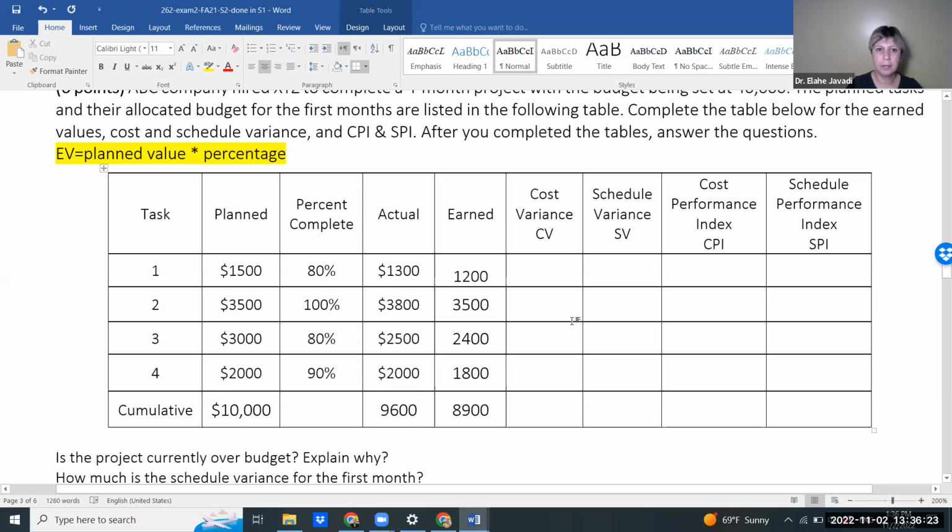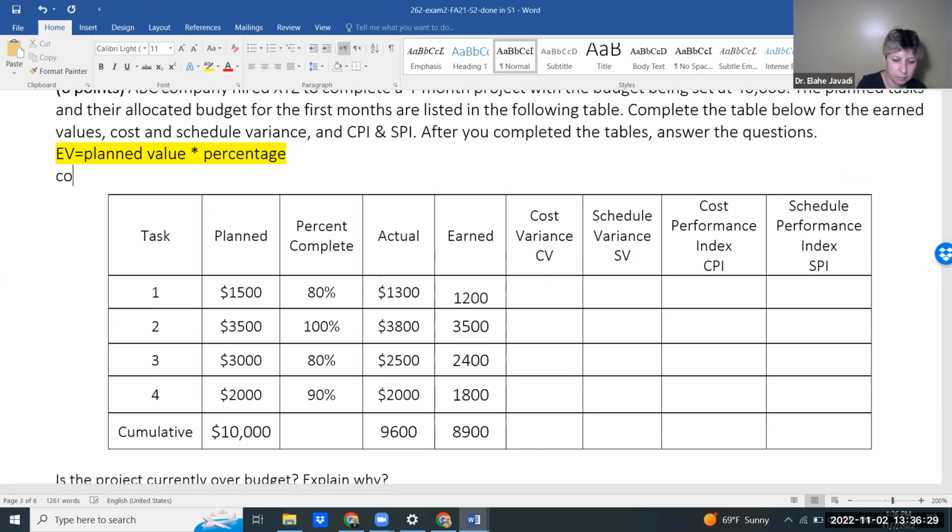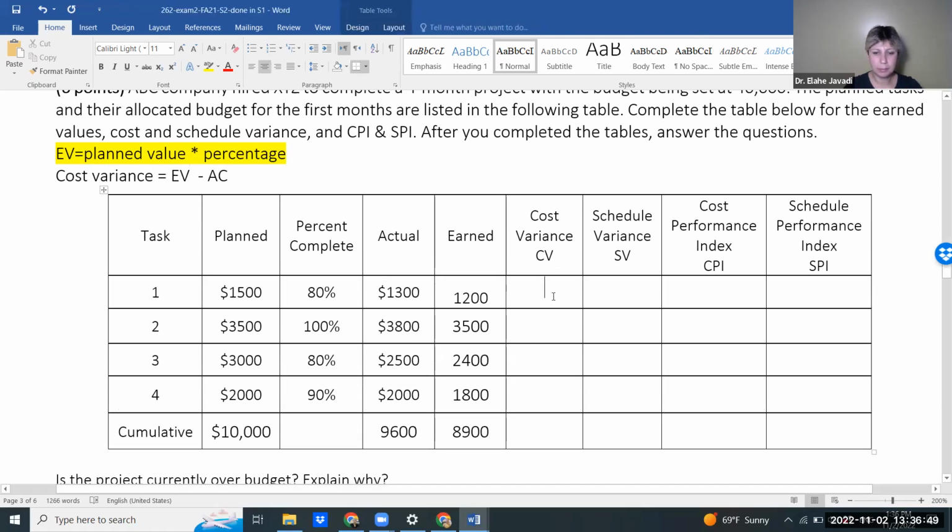Exactly. Good job. Sharon, can you give me the formula for cost variance? It is earned value minus actual cost. Perfect. I'm gonna put EV minus AC, class. I hope you have the abbreviations noted in your cheat card. So EV minus AC, give me the first one, Brandon, please.